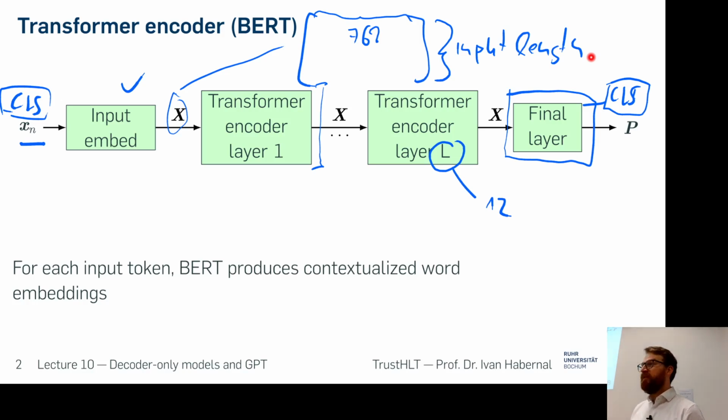One of the co-authors of the original LSTM paper, Sepp Hochreiter, I guess is his name, and his group just published last year LSTM on steroids, like a rebirth of LSTMs, which included a couple of tricks from transformers. I don't remember all the details of this paper, but they were showing it's not that bad. This is an old architecture, but if you just take it wisely and plug in new techniques which we are aware of, then you might get some cool performance out of the older models.